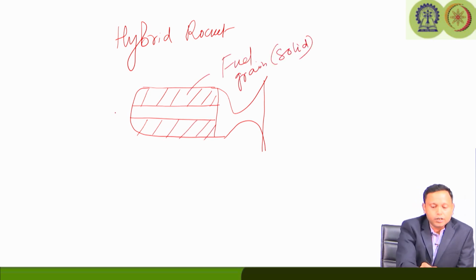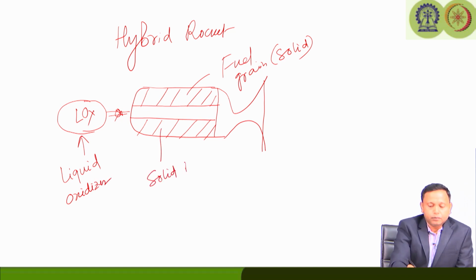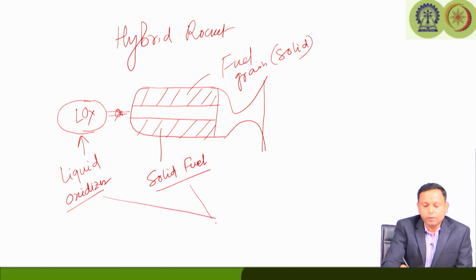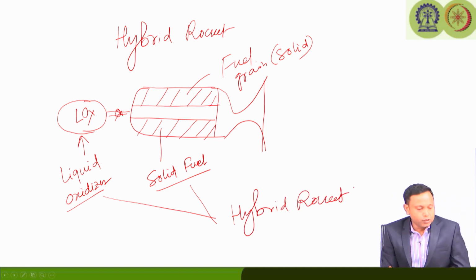Now, if we send oxidizer through some kind of arrangement, let us say LOX as the oxidizer, so we have liquid oxidizer and solid fuel. This type of combination we can call the hybrid rocket. So, these are the major categories: solid, liquid and hybrid.